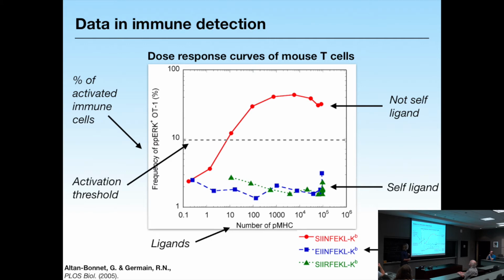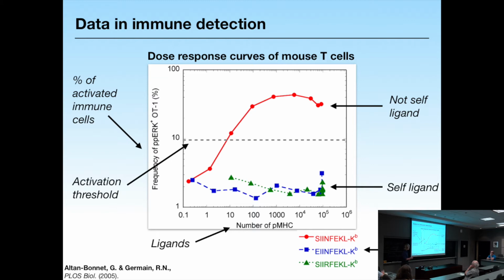So people would measure the percentage of immune cells that respond to specific ligands. Here are the red ligands. They are qualitatively different from the green and the blue ones in the sense that they are from a foreign, or not self, origin, and these the T cells should respond to.